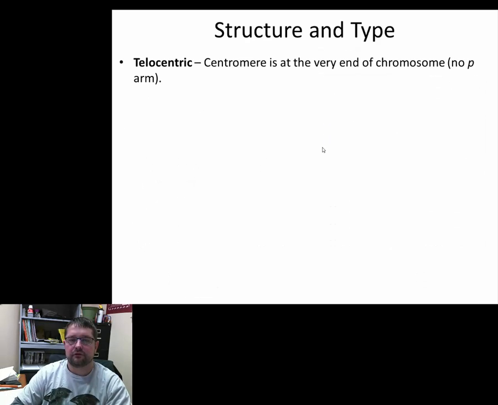All right, so let's talk a little bit about structure. I just kind of mentioned it. So there are four main types of centromere placement on chromosomes. The telocentric chromosome would be a centromere that is at the very end of the chromosome.